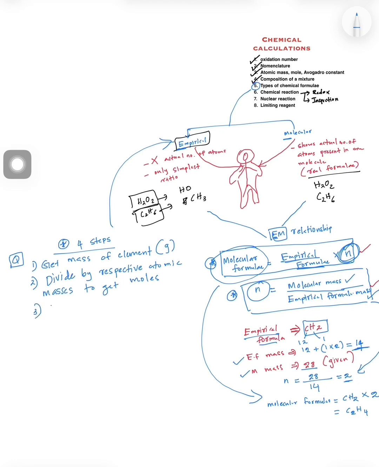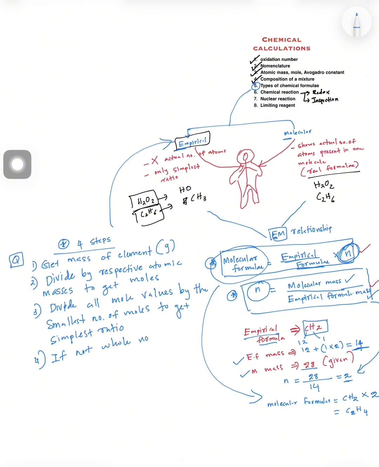The third step is to divide all mole values by the smallest number of moles to get the simplest ratio. The fourth step is, if not whole numbers, you have to multiply by a factor to get whole numbers.